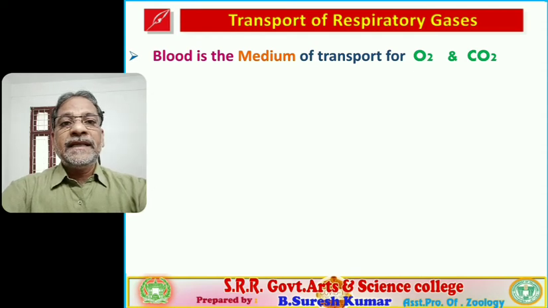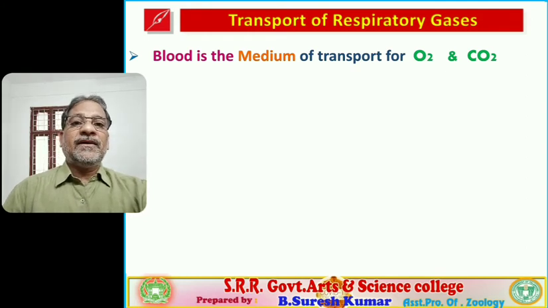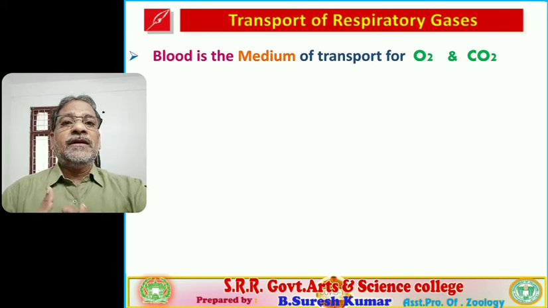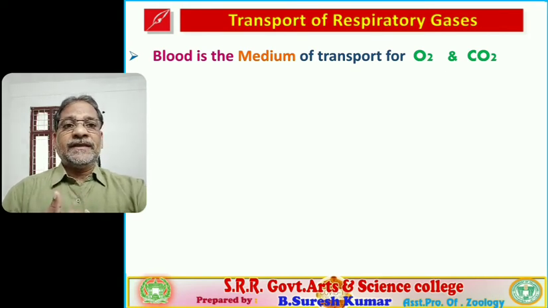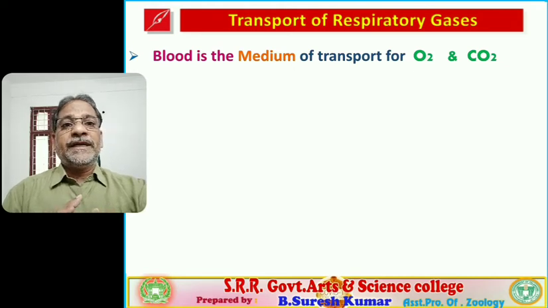So the blood is the medium of transport for oxygen and carbon dioxide. The respiratory gases are oxygen as well as carbon dioxide. These two gases are transported by what? Blood. So the blood acts as a medium to transport oxygen and carbon dioxide.